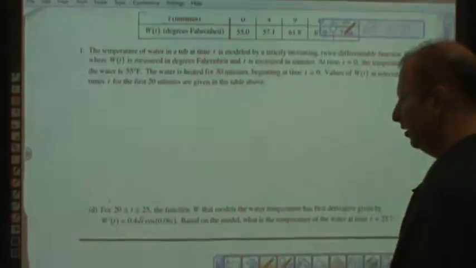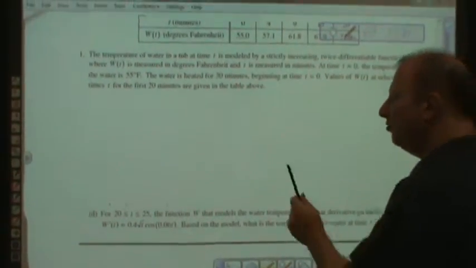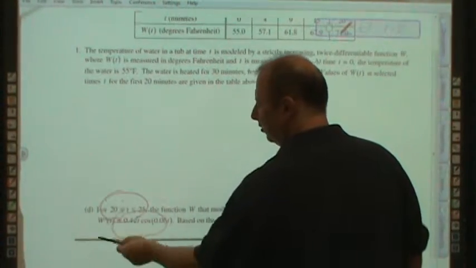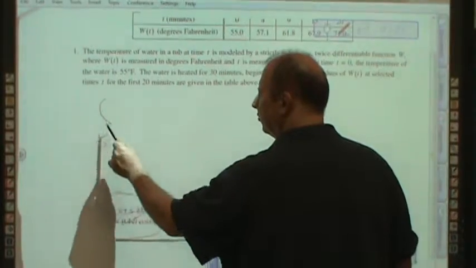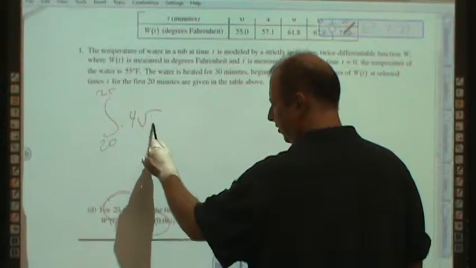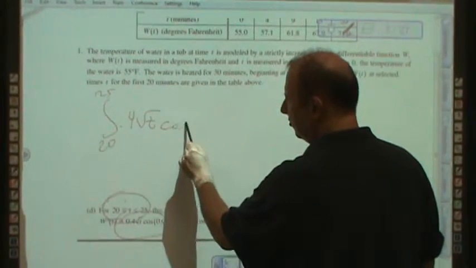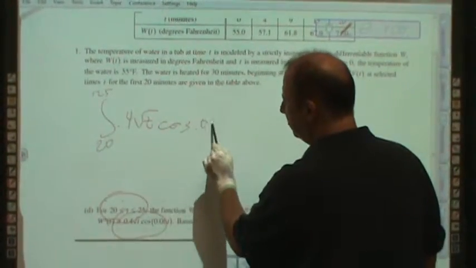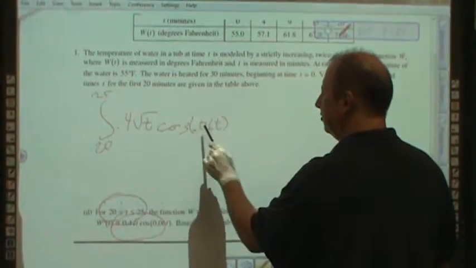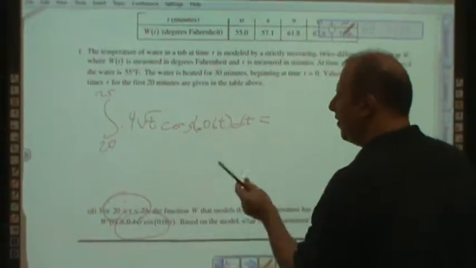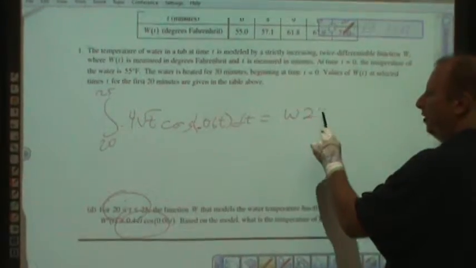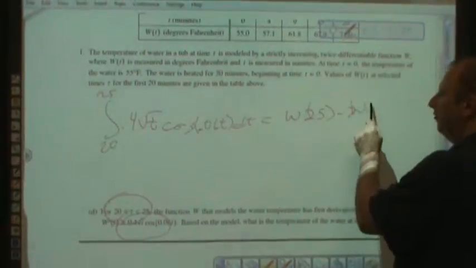Now for D. D is a little more interesting. Do not forget, if I integrate from 20 to 25 this function, 0.4 square root of t cosine 0.06 dt, that would ultimately give me W of 25 minus W of 20.